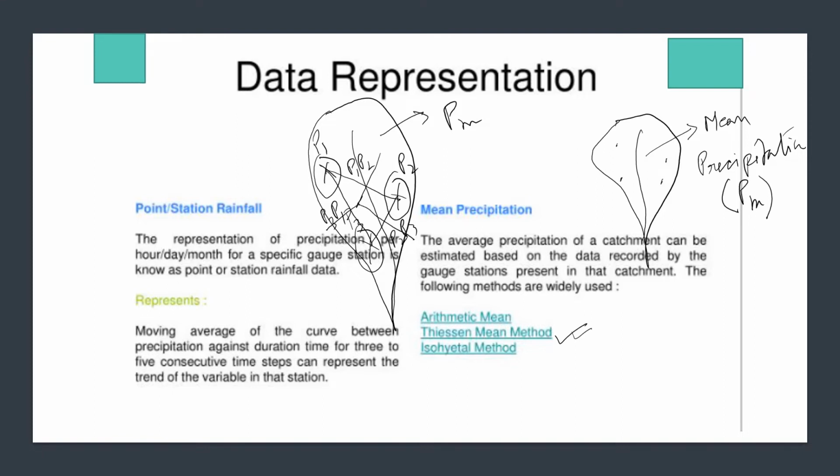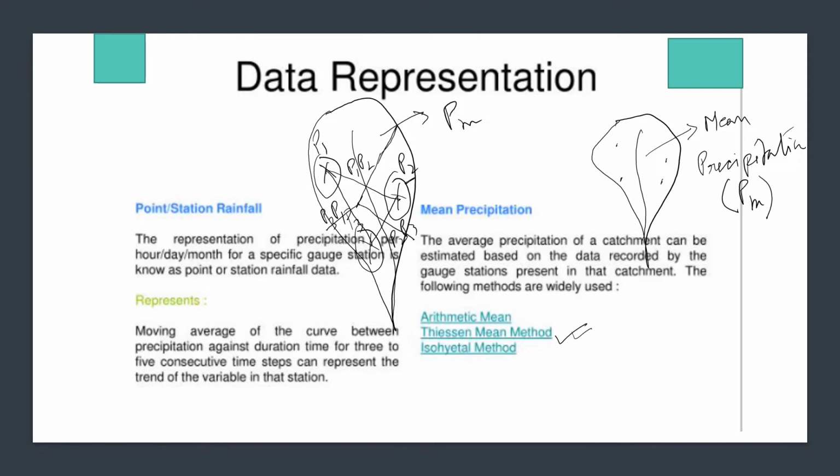Now, what you can see is that if I draw this perpendicular after bisecting the connecting line until the end of the watershed boundary, then you see surrounding the rain gauge station P2, this rain gauge station is surrounded by a polygon.